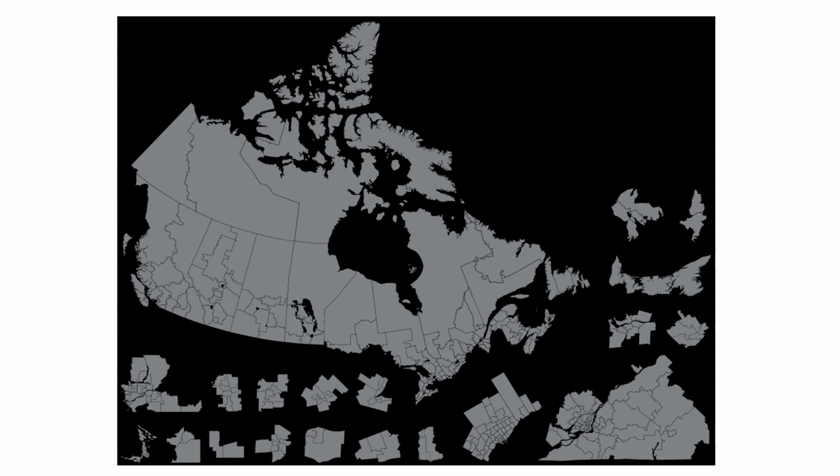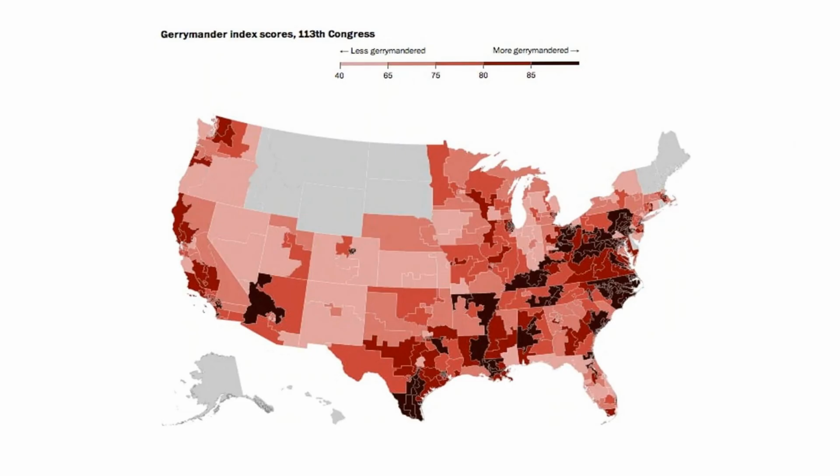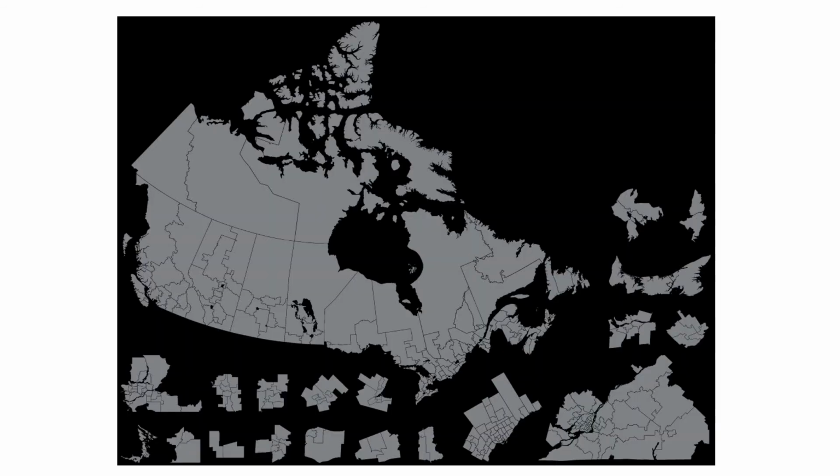But we have to ask ourselves, how do we get from here to here? It's not a simple process. You have to remove the power to redistrict from the politicians.